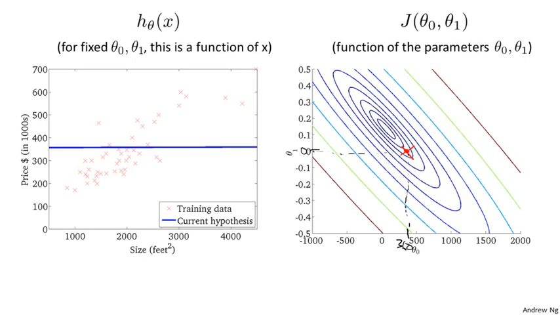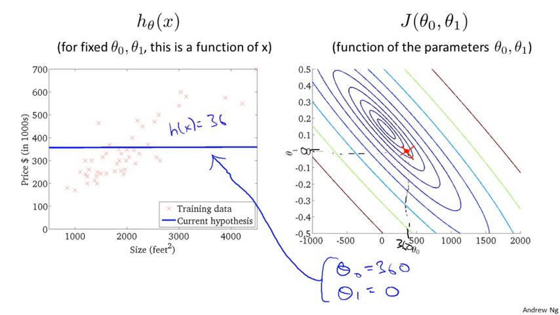So let's write that out: theta 0 equals 360, theta 1 equals 0. And this pair of parameters corresponds to that hypothesis, which is a flat line. This is h of x equals 360 plus 0 times x. That's my hypothesis, and again it has some cost, plotted as the height of the J function at that point.